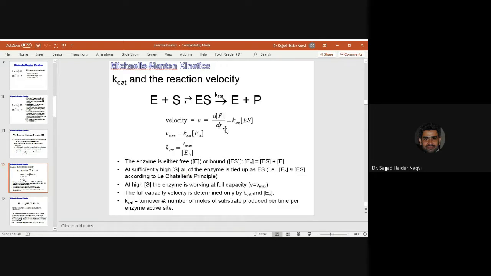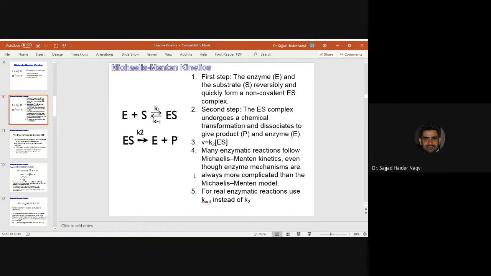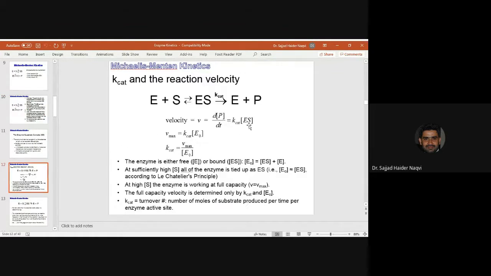In other words, we can say that this velocity equals Kcat times ES according to this equation here, right? So we have just substituted this value. In place of this, we substituted this, and then we said Vmax, the maximum velocity, will be equivalent to Kcat times the concentration of enzyme. Why have we changed here to the enzyme? We remember that one enzyme molecule can have more than one active site to accommodate the substrate.